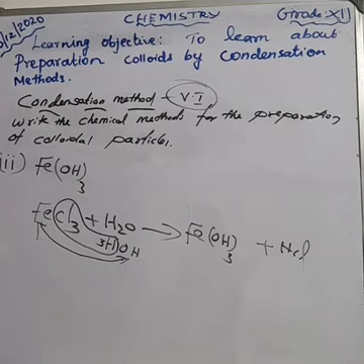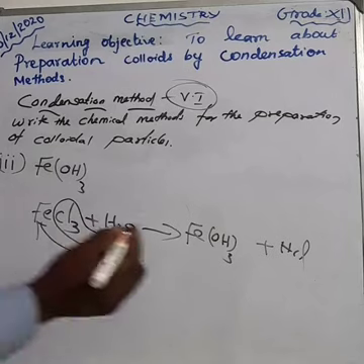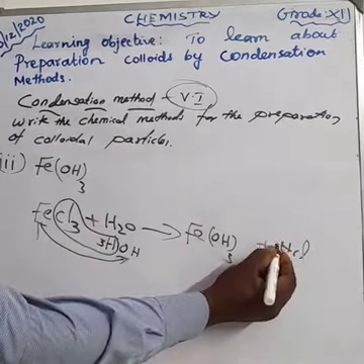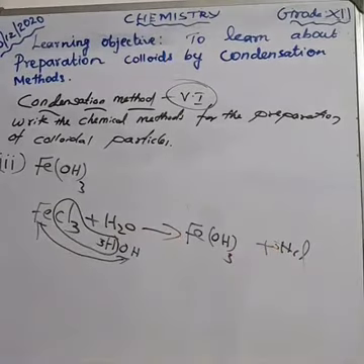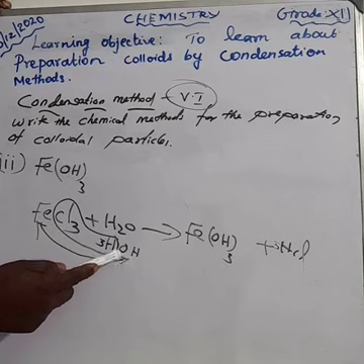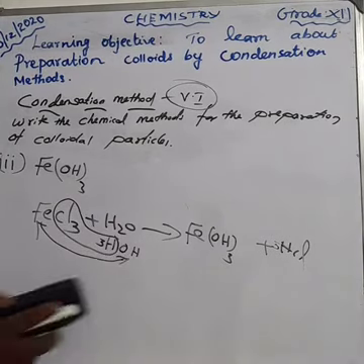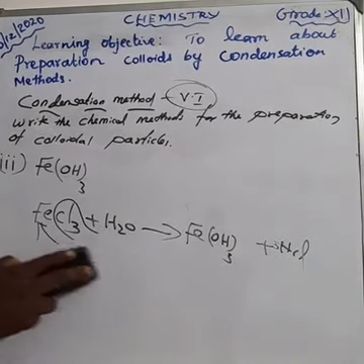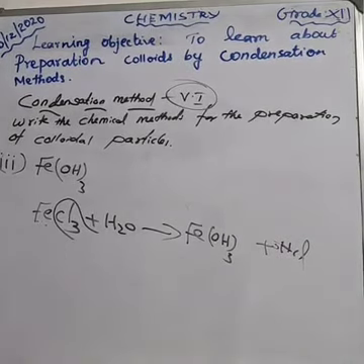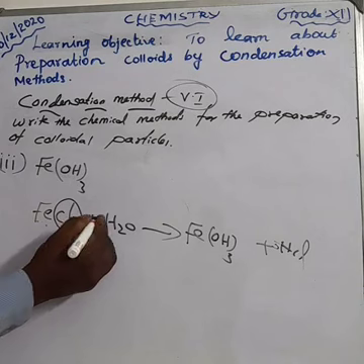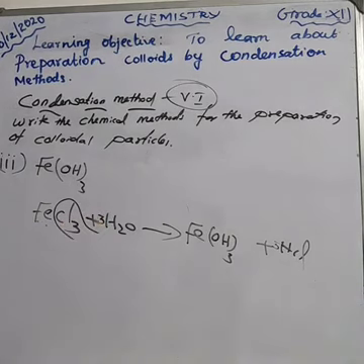Can you see what is the answer? 3 hydrogen combines with 3 chlorine, we get 3 HCl. Here I have 3 OH, which balances. So, how can you write the equation? That means 3 water we are using.